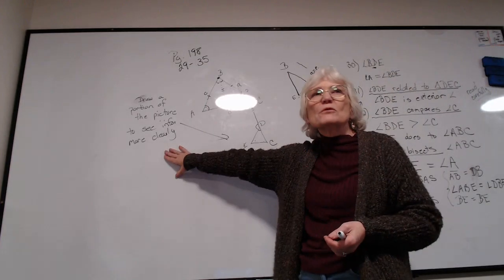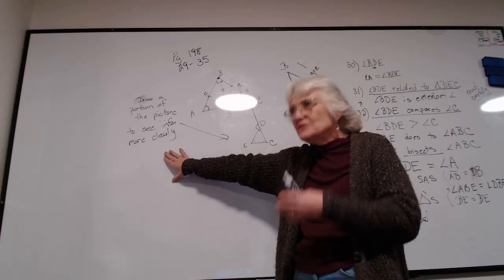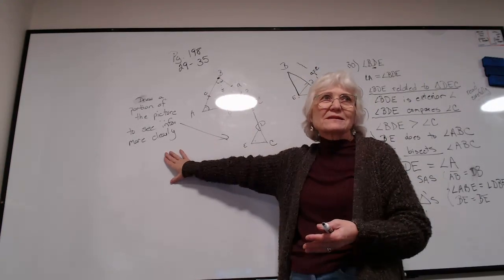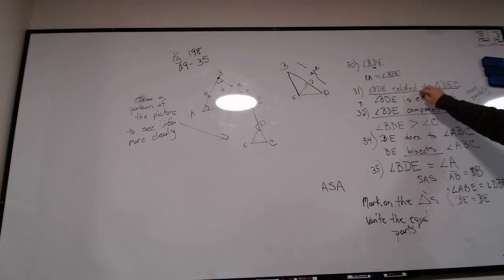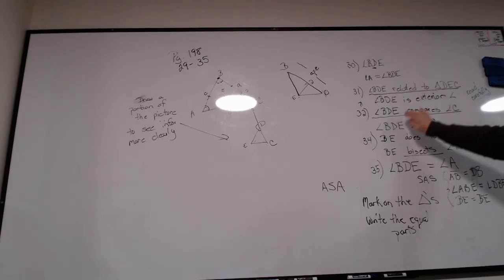If you need to draw a portion of a picture, do that. It helps, okay? When you're looking at questions, make sure you read it very carefully. Know what it's asking. What is it asking here? Okay.